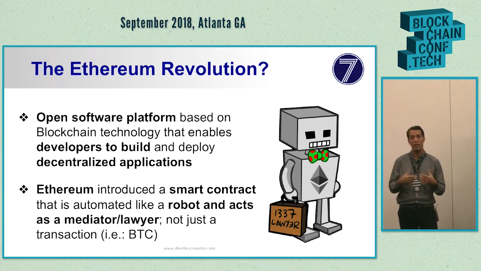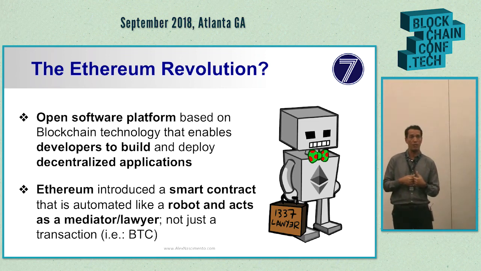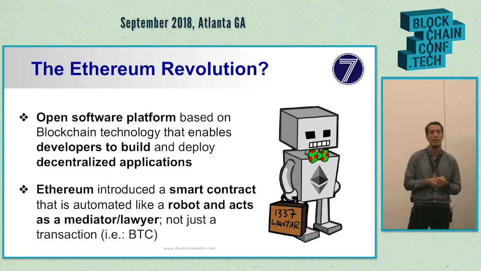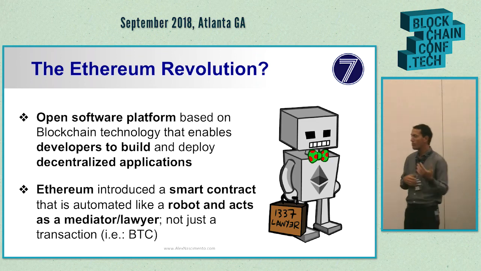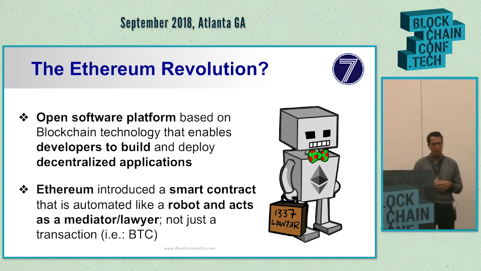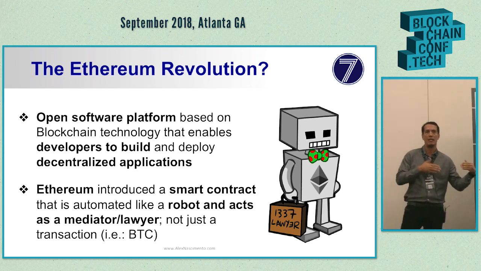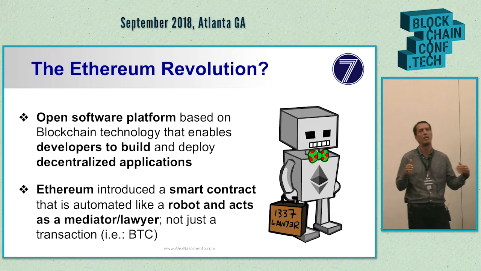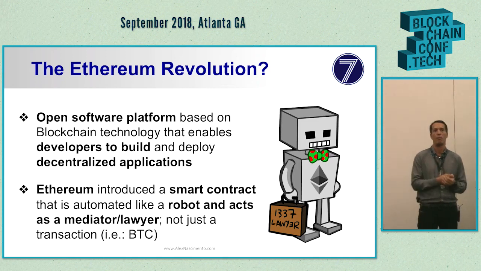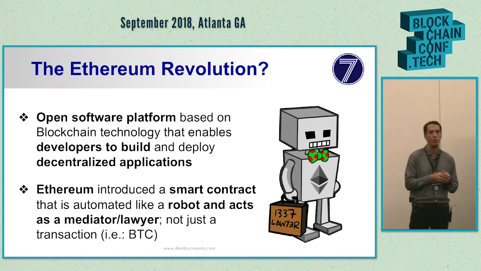So that contract that I write on a $100 bill will only allow me to spend that $100 bill if your house is clean by the end of the day. So that breakthrough of a smart contract is, in my opinion, what brought us to 2016 and 2017 boom of the blockchain industry and why we're all sitting in this room.